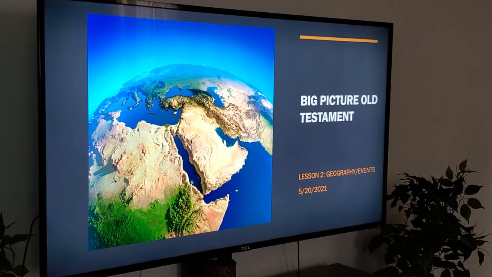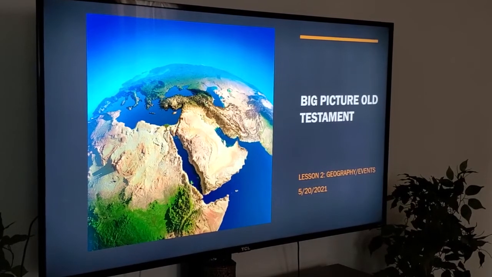We were talking about how to understand such a large book, and the easiest way to do it is by breaking it down into smaller chunks. So I'm going to break it down into a series of major events, and we'll look at the mountaintop peaks as you go through the scriptures in the Old Testament.